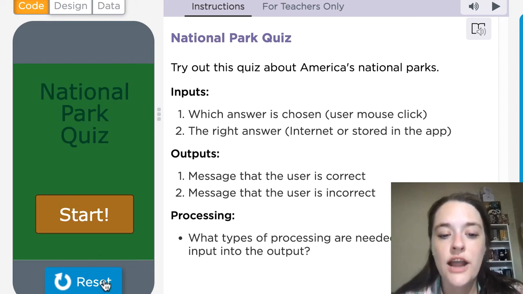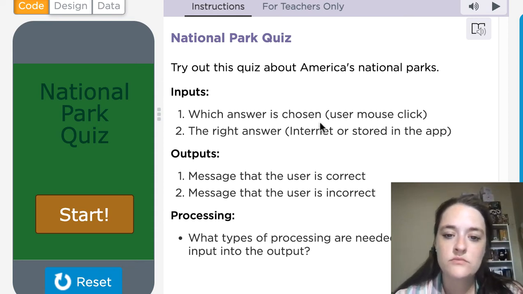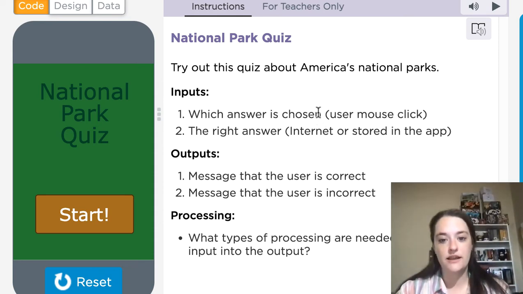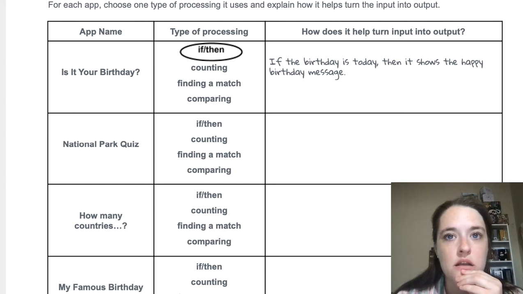Okay, so we're actually not going to play it again. But, so, which answer is chosen? You've got your answer, and then you've got the right answer. So, if we look at National Park Quiz, what is it doing? Okay.